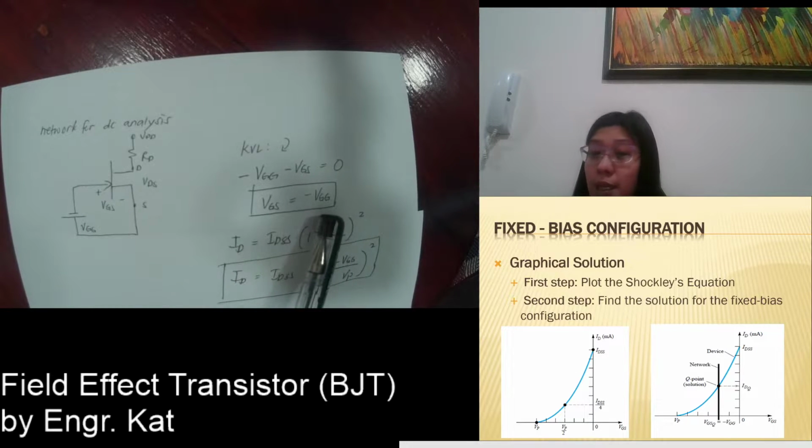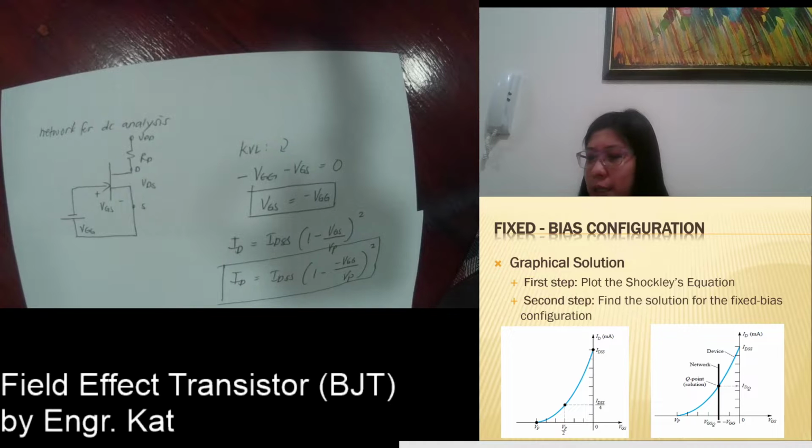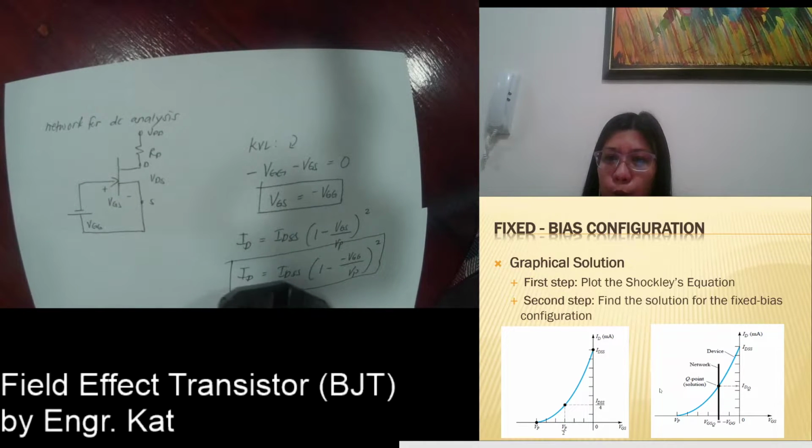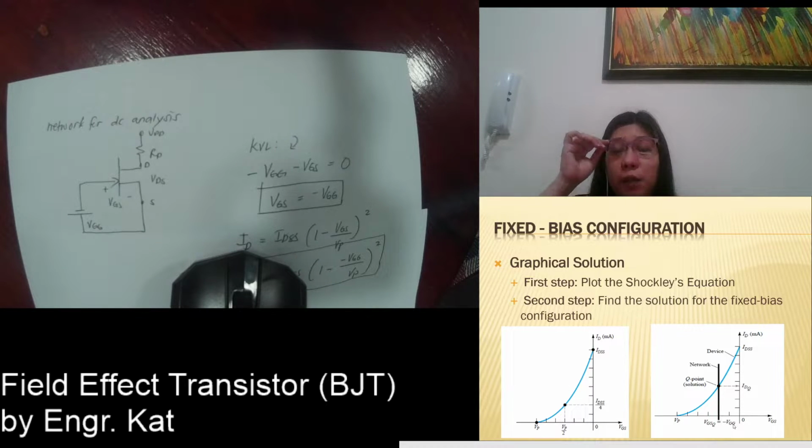Since this is a whole number, this represents an exact location in your VGS. This graph shows the characteristic of your device based on Shockley's equation, and this straight line represents your network. Your network is represented as VGSQ, which is equal to negative VGG.